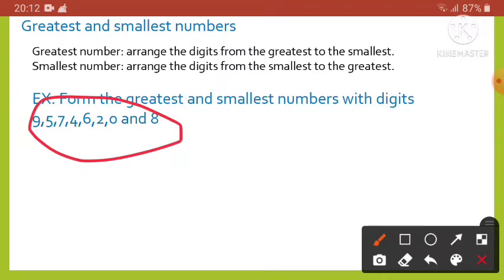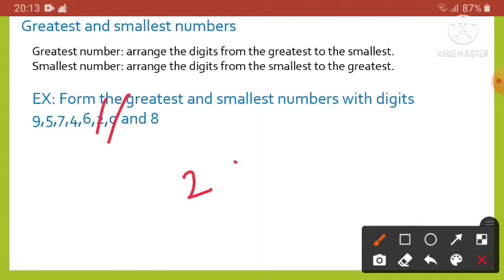But you will find that here one digit is 0, so you think the smallest digit is 0, but we cannot start with 0 here because a number starting with 0 has no meaning. So write the next smallest digit first. We'll start with 2, so write 2, then write 0.